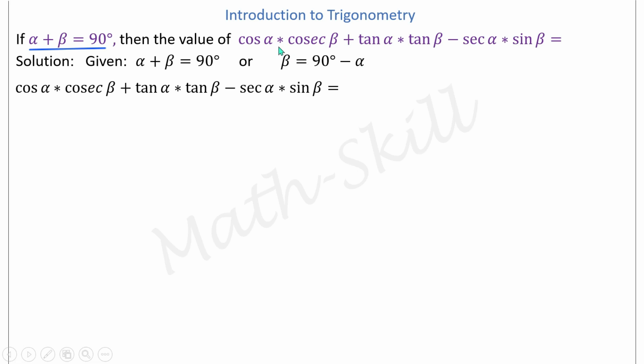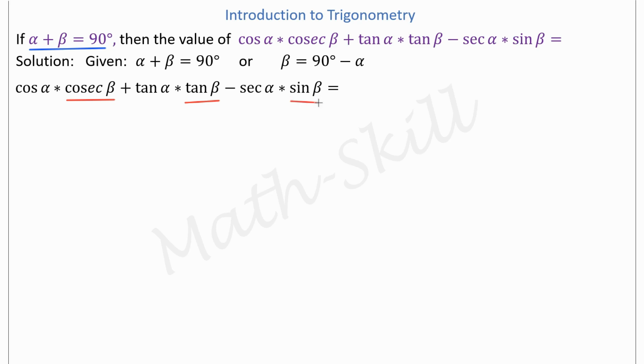Let's note down the expression which is given, that is cos alpha multiplied by cosecant beta plus tan alpha multiplied by tan beta minus secant alpha multiplied by sin beta. In place of beta, which we have 3 times here, let us make a replacement. That is, we will be making replacement for 3 terms here.